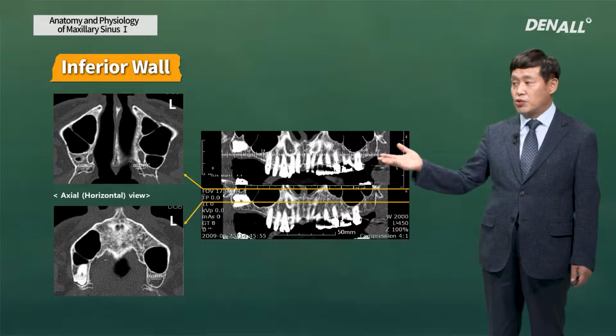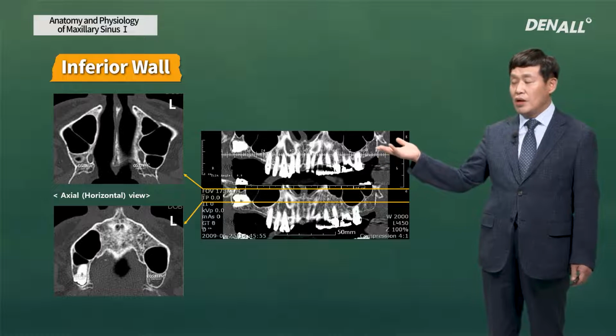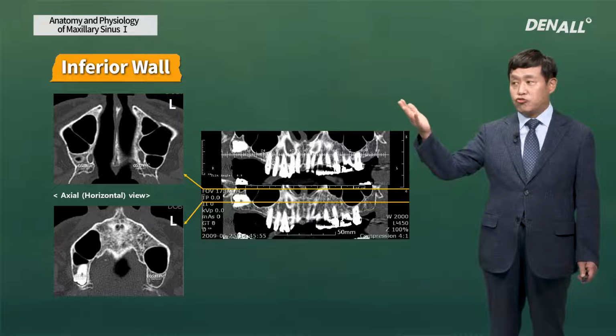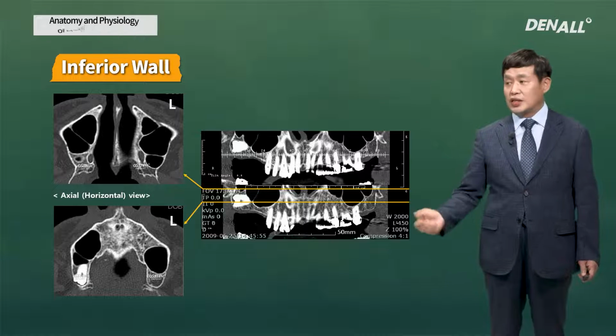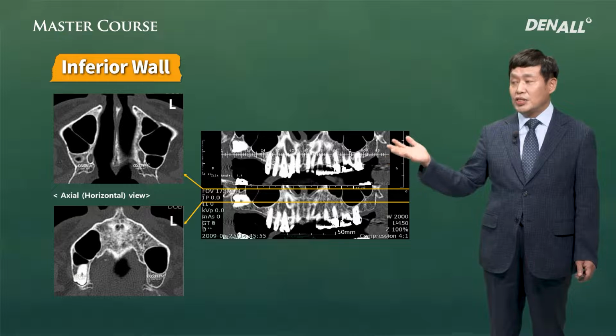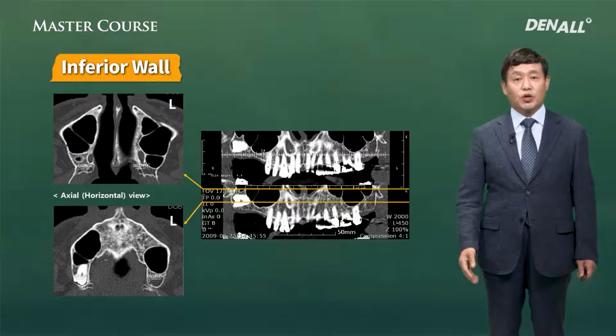In this case, in the axial section, 2 or 3 compartments are observed, or they are combined together, depending on the axial view.